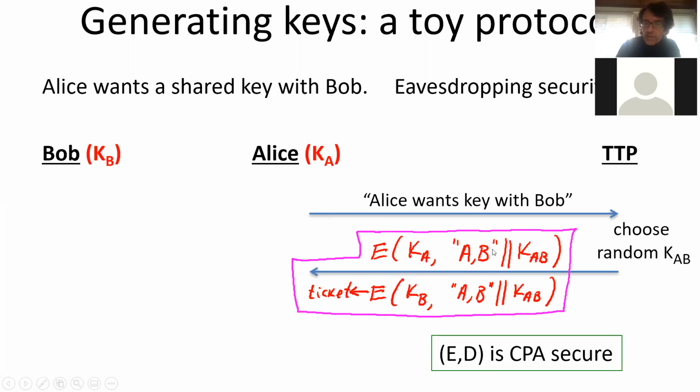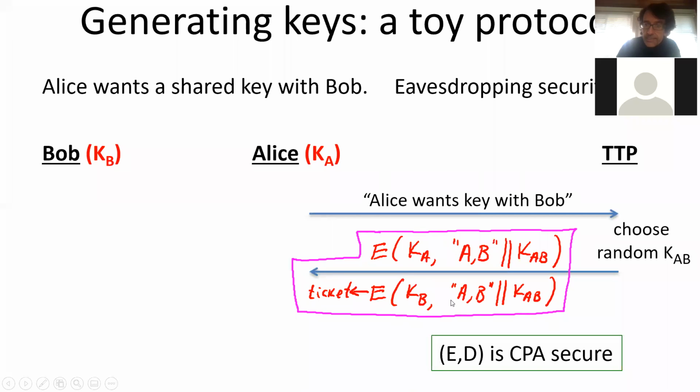So encrypting the stuff was supposed to basically authenticate it, so that Bob, who gets this ticket, when he decrypts it, knows that this key is safe to use for talking to Alice, which is just plain text encrypted here. But CPA schemes are not non-malleable, they're very often malleable, right?